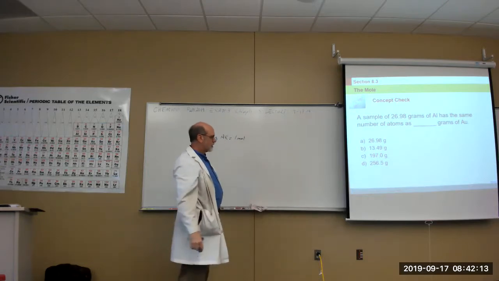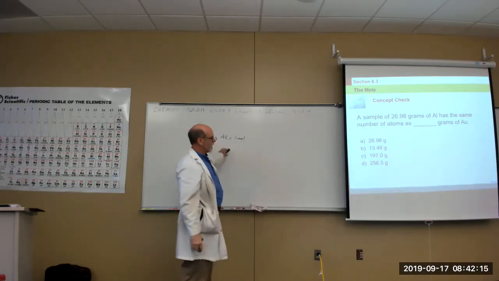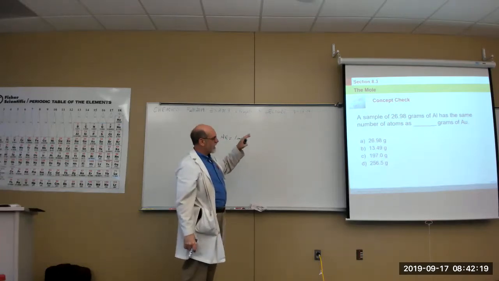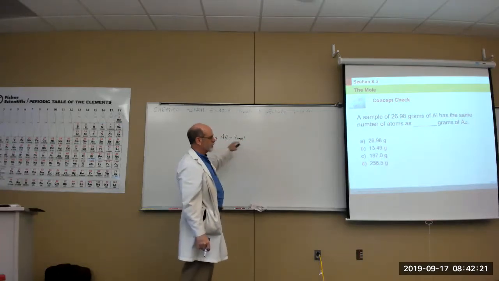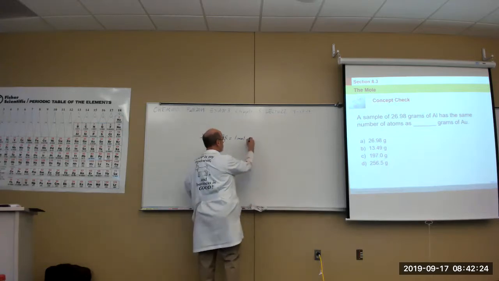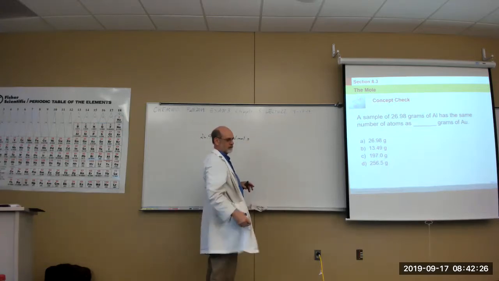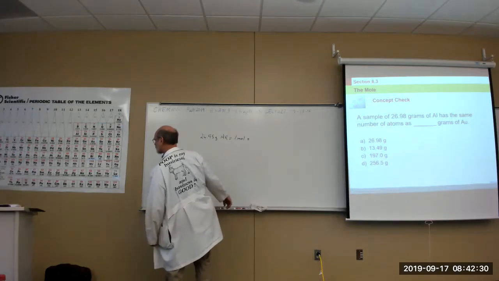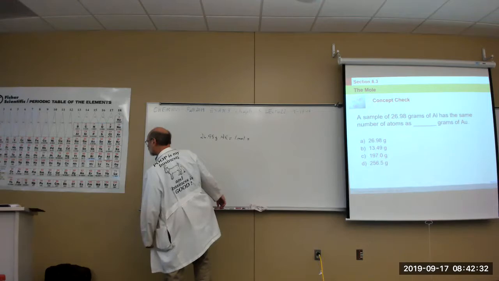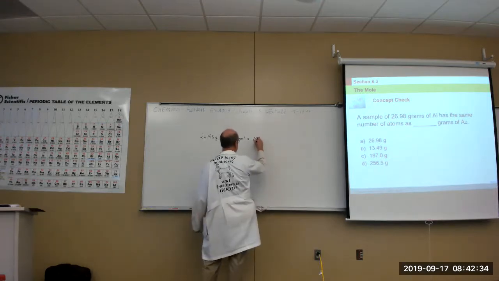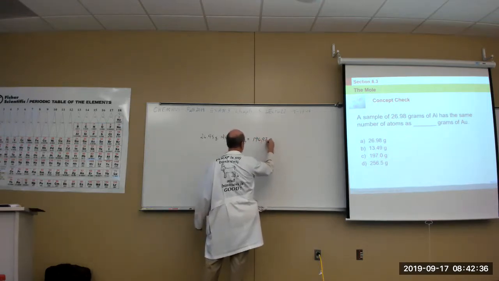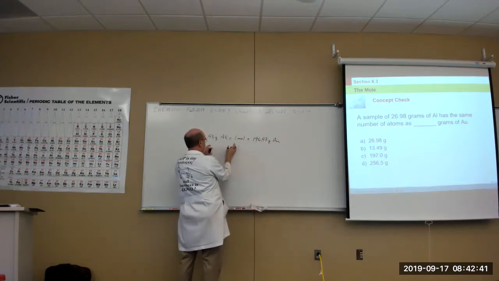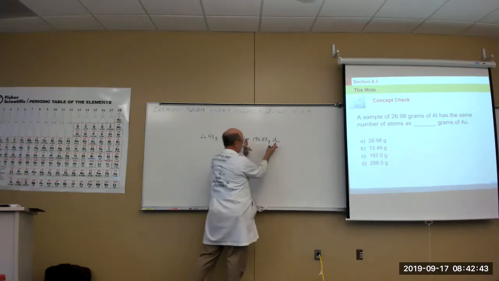Okay. So if you have a mole of aluminum atoms, and you have that same number of gold atoms, how much does gold weigh? 196.97, rounded off. So if you have the same number of atoms, aluminum's going to weigh this much, gold's going to weigh that much.